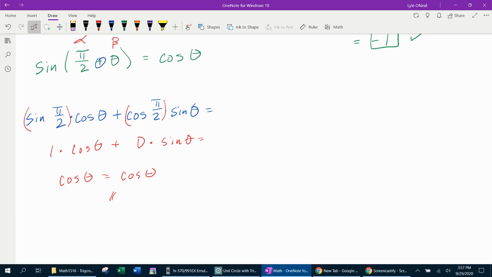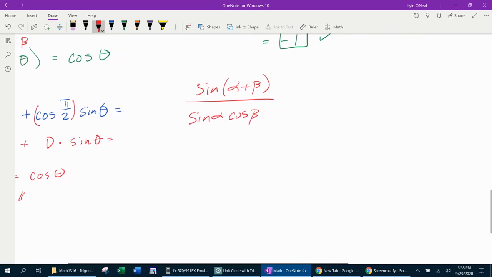All right, next problem. Let's say that we have sine of alpha plus beta all over sine alpha cosine beta. And here the instructions might say simplify completely.